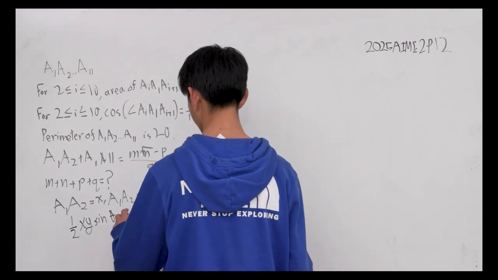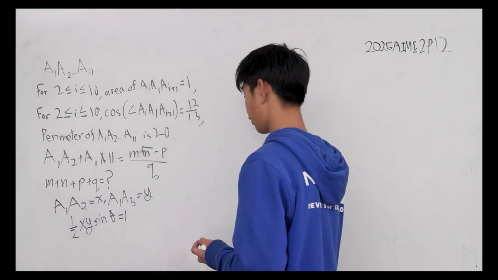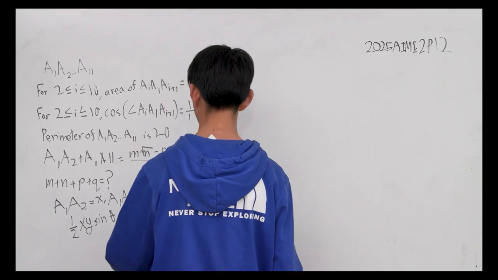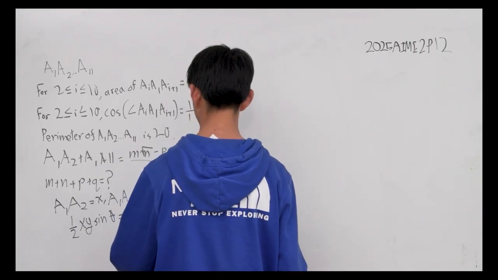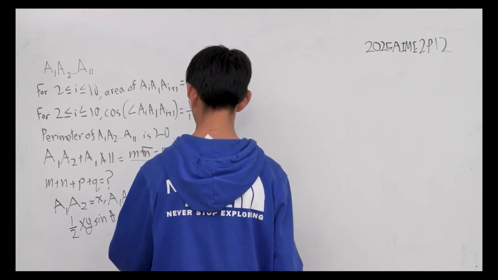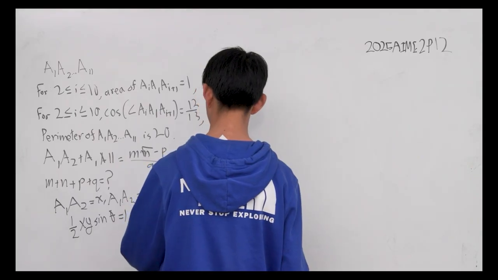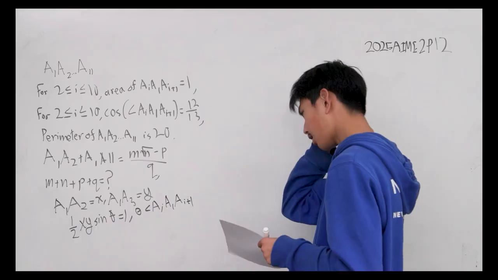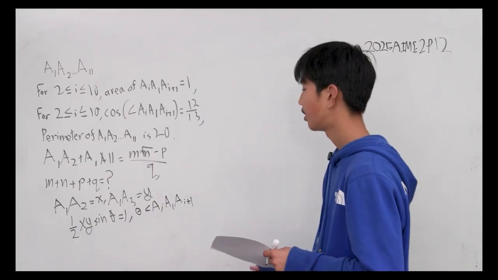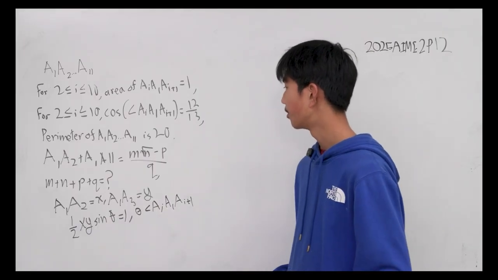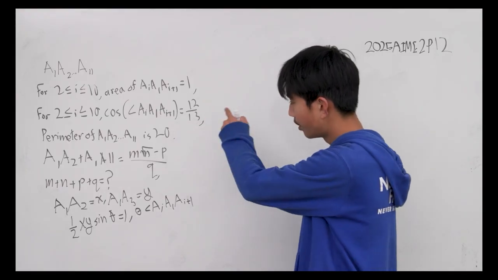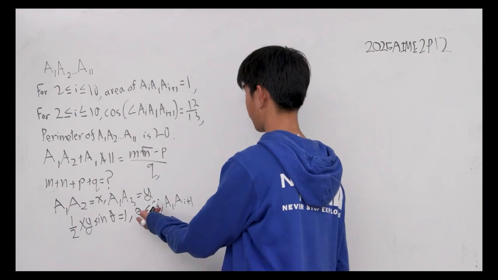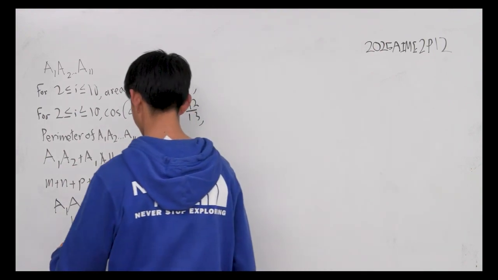So here, we have that theta is the angle A1, A sub I plus 1. And then, since the cosine of this angle, we'll just say theta is this angle, right?